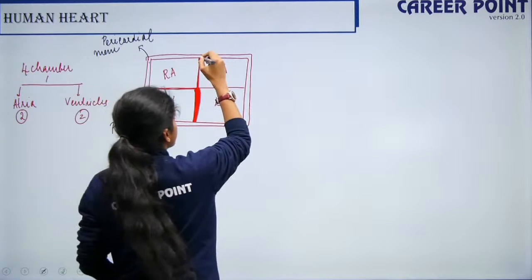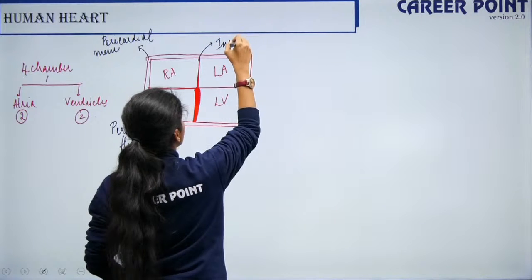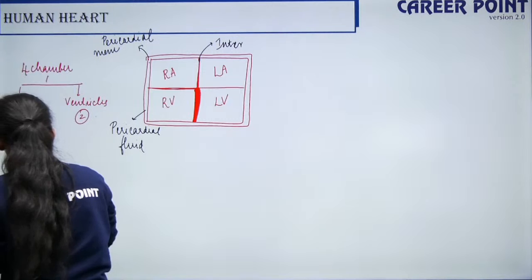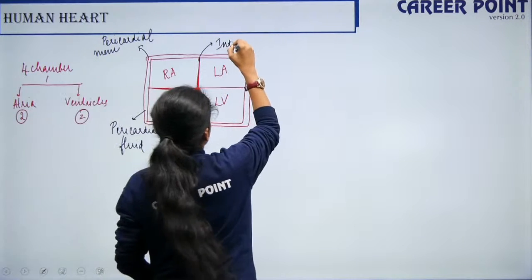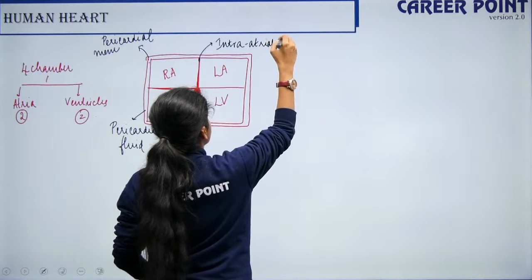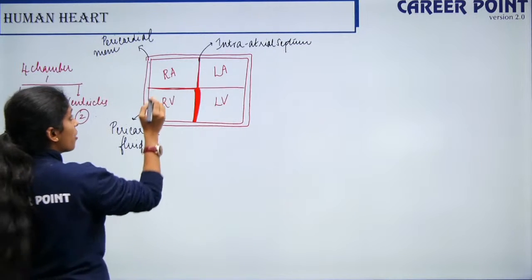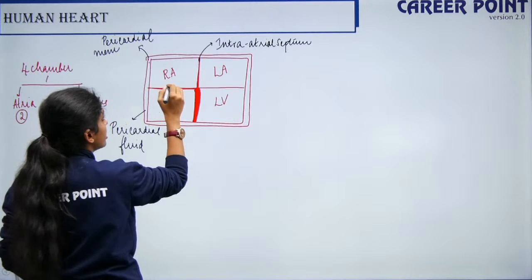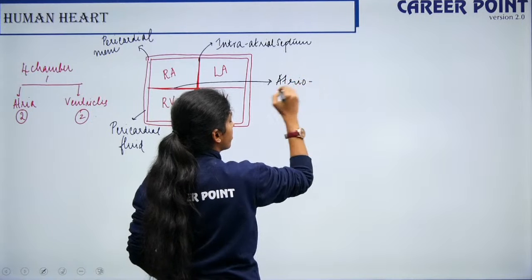This is between the two atria, so it is known as the interatrial septum. Septum means wall. In between the atria and the ventricles, it is called the atrioventricular septum.